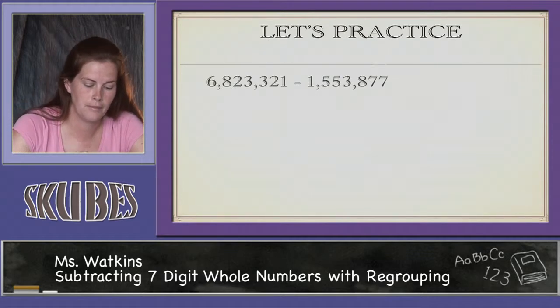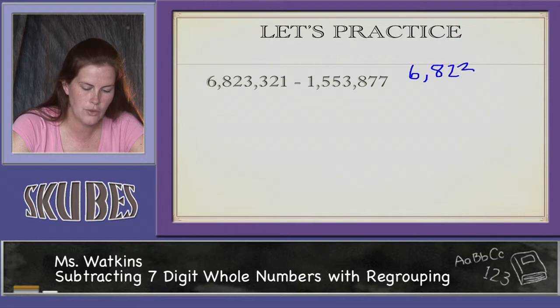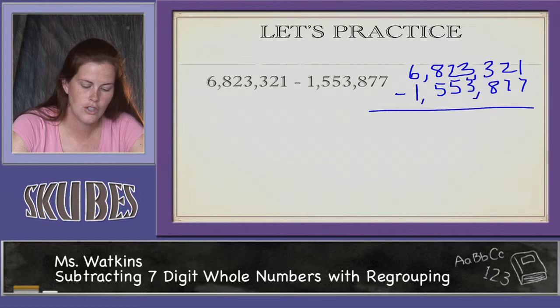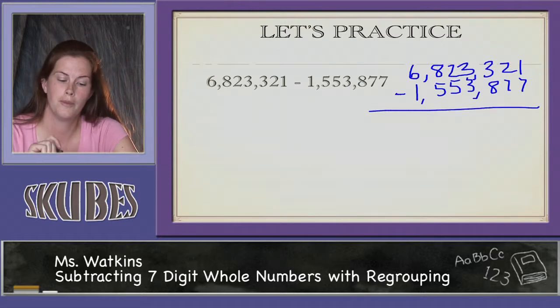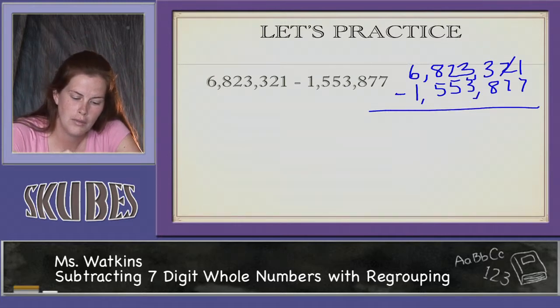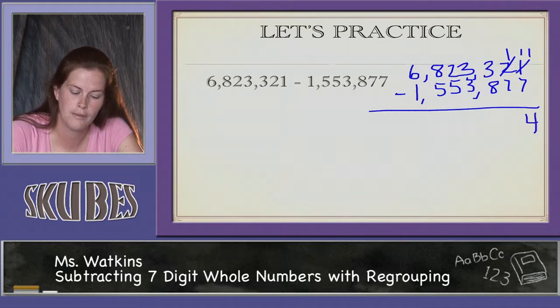Let's practice another one. So line them up vertically. We have 6,823,321 minus 1,553,877. Starting with our ones place, we already need to regroup. So our 2 becomes a 1, and this 1 becomes an 11. 11 minus 7 equals 4.